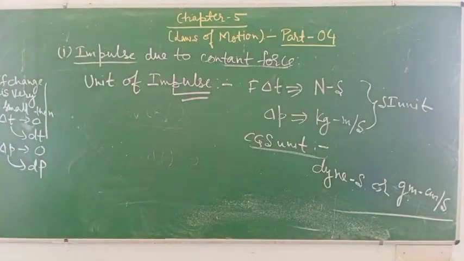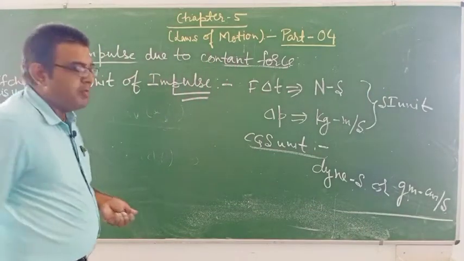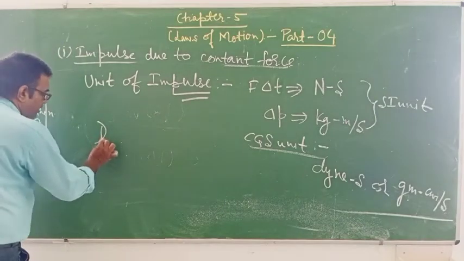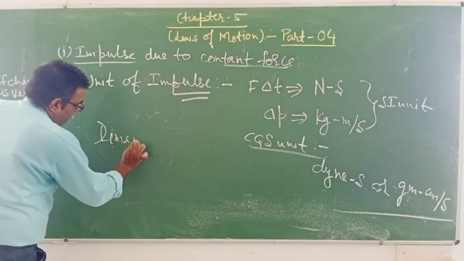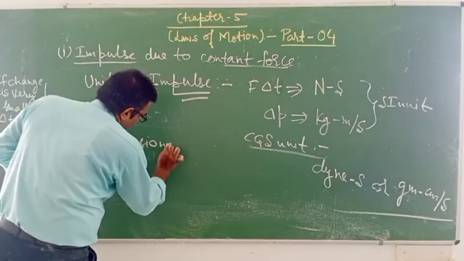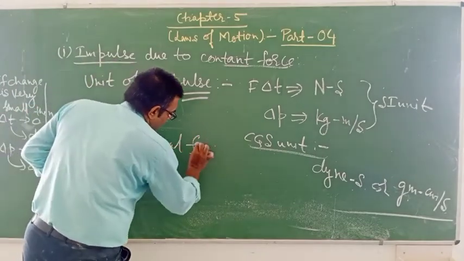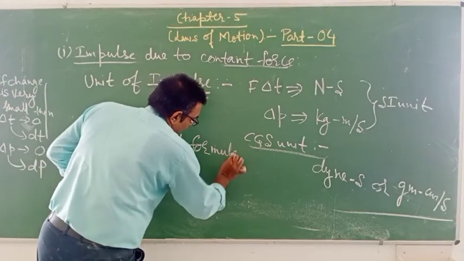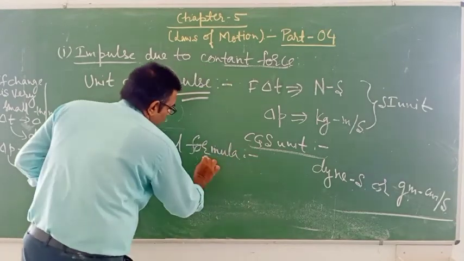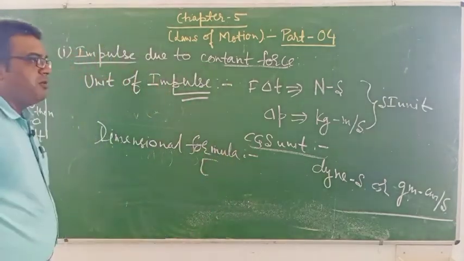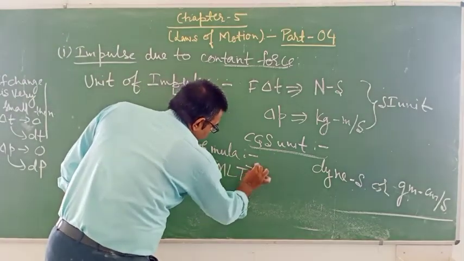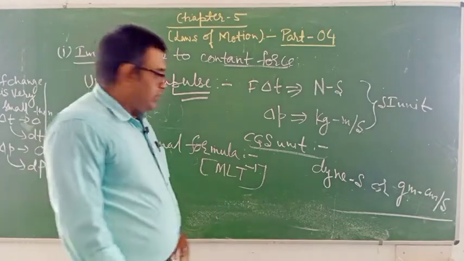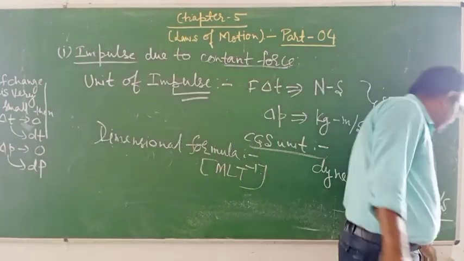Its dimensional formula is the dimensional formula for momentum, and it is equal to M L T to the power minus 1. So this is the dimension of the impulse.